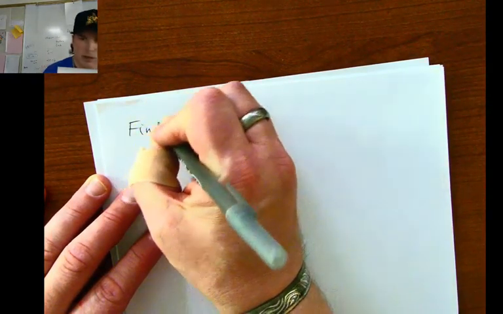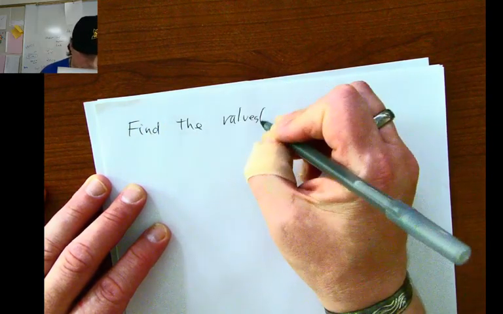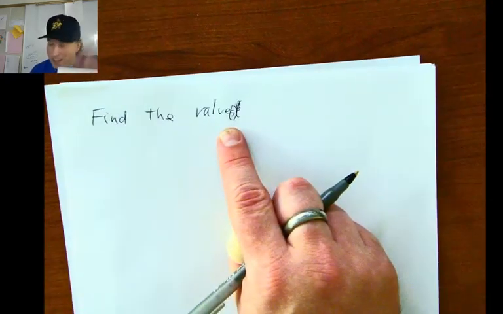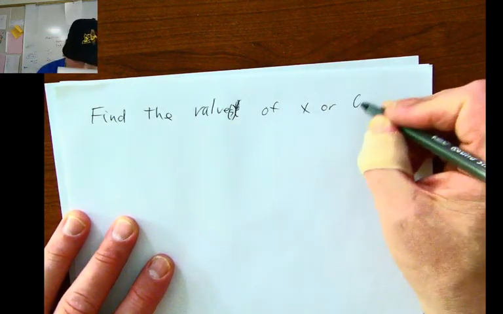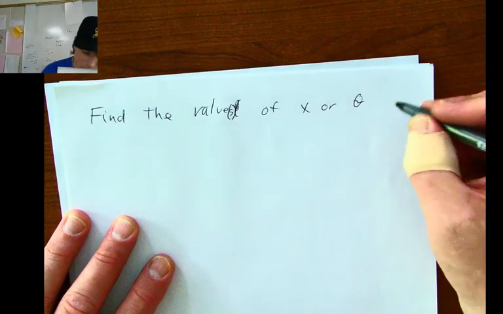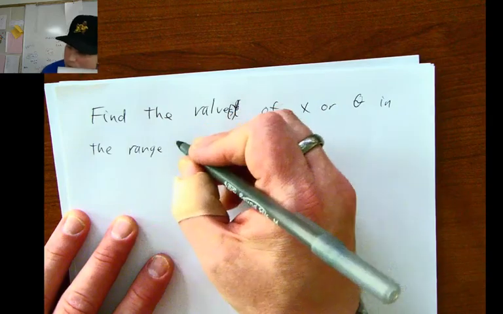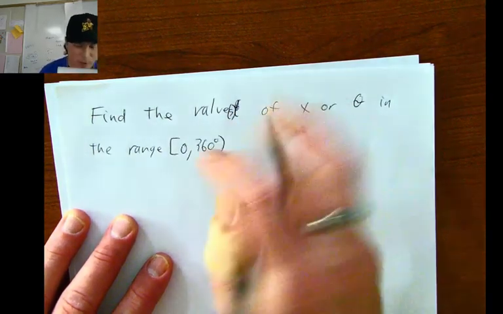Solving equations. The instructions are going to read like this. Find the value, or it'll have this S in little parentheses, find the value or values of x or theta in the range of 0 to 360 degrees, hard bracket, soft bracket.